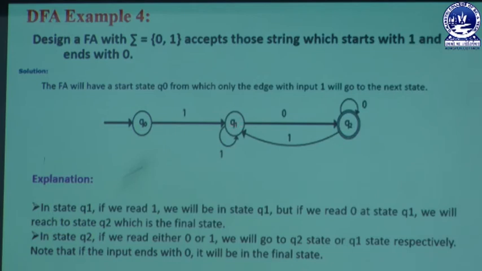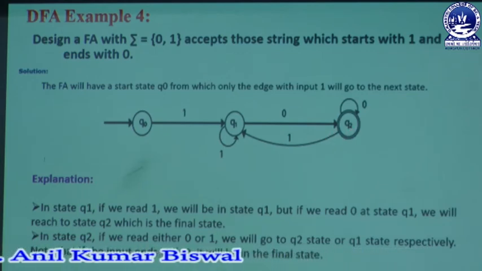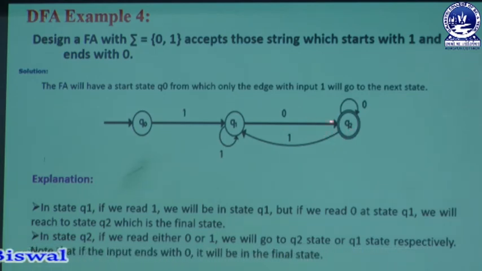Whenever Q1 accepts the parameter 1, it is self-redirected. But when Q1 accepts the parameter 0, we generate a new state known as Q2. Here Q2 is denoted as the final state.